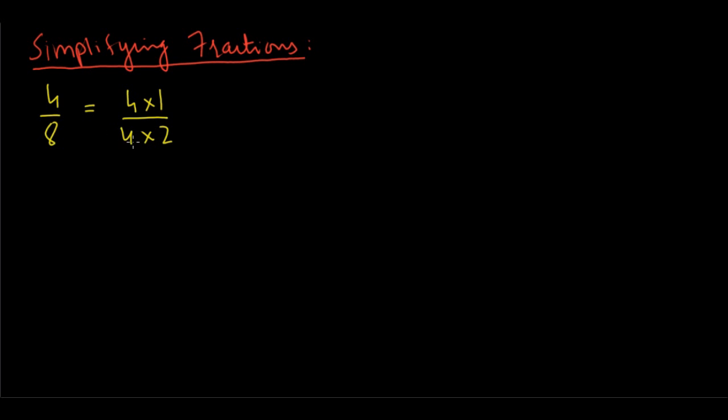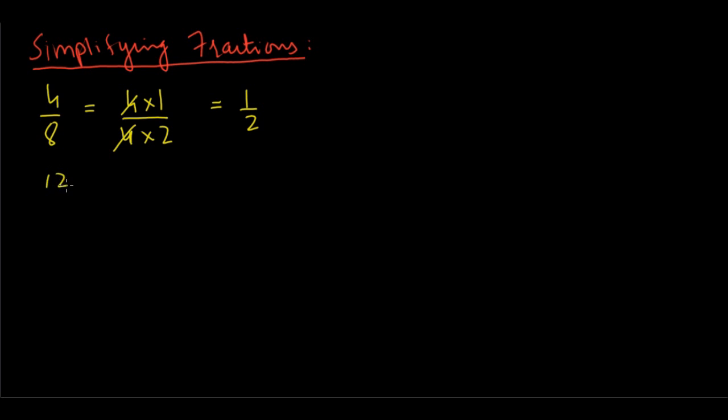If I want to simplify this fraction, I can see that 4 is a common factor in both the numerator and the denominator. So I can cancel out 4, and what I'm left with is 1/2. That's what we call simplifying a fraction. Now, you don't always have to go through this process of writing down the fraction. Once you get better, you can do this in your head.